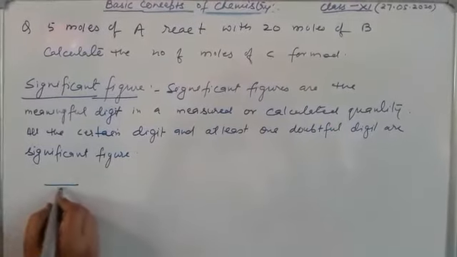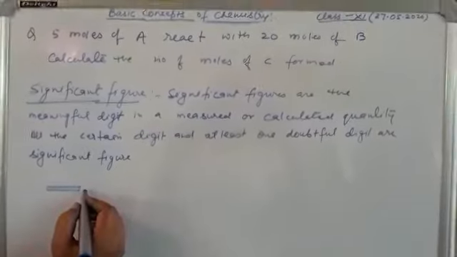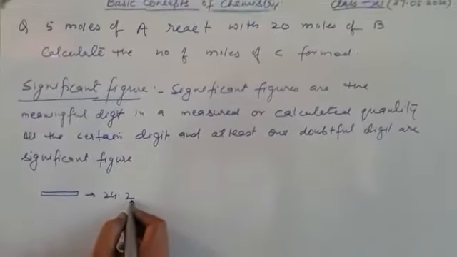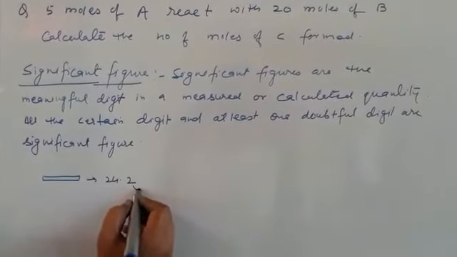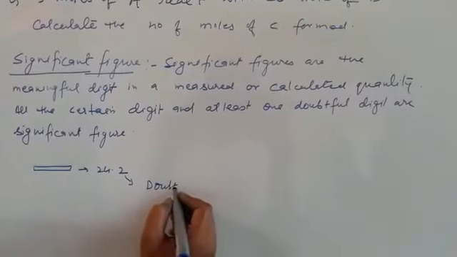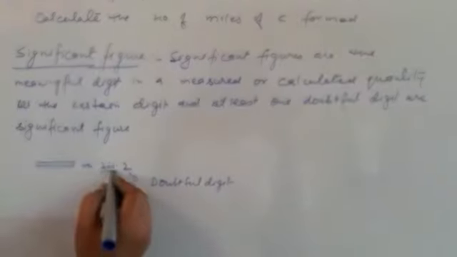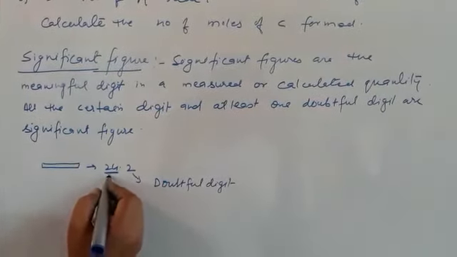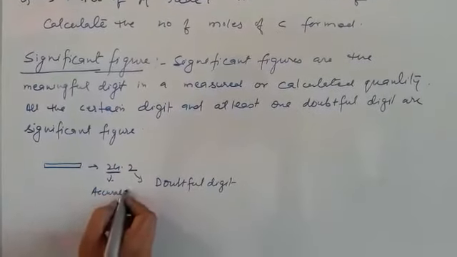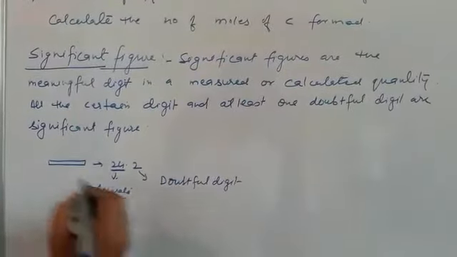For example, suppose we measure the length of a rod and it comes 24.2. This last digit is known as the doubtful digit and the others are known as accurate digits.